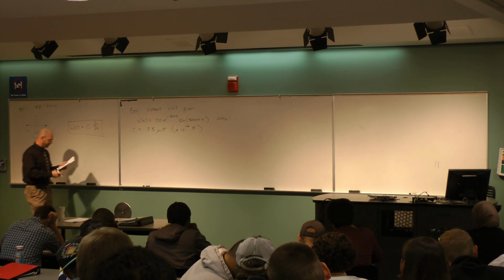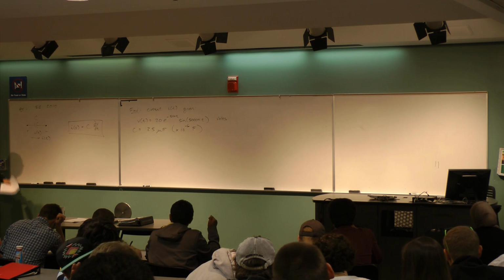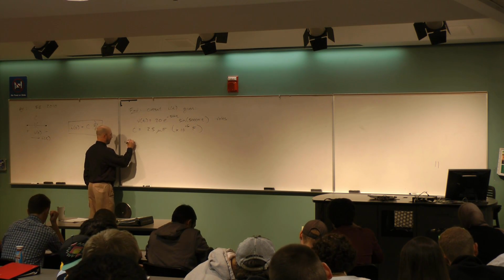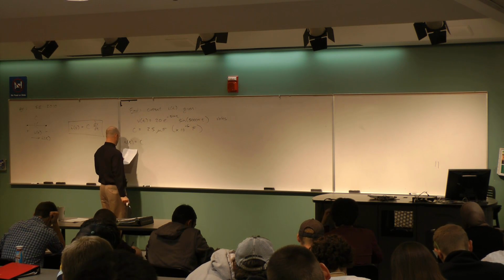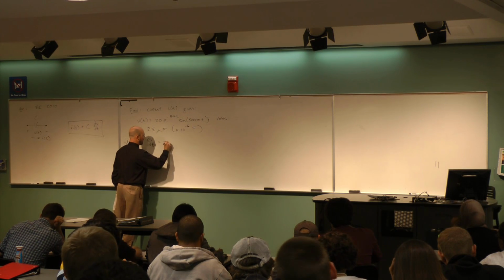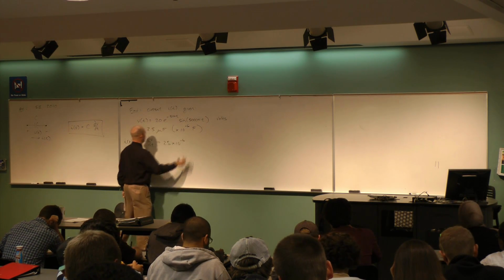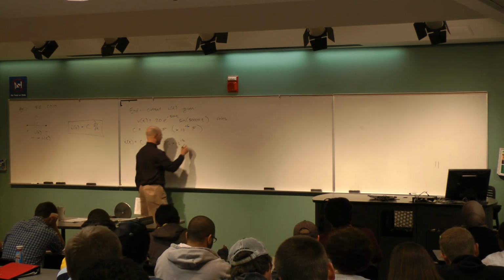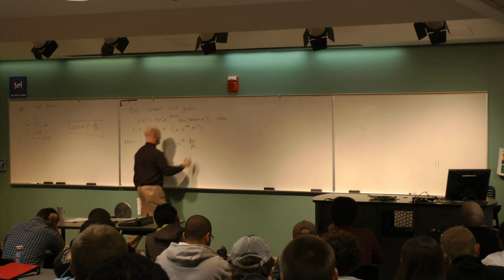All right, so I of t, according to this, is C dV dt. So we're going to take 25 times 10 to the minus 6, that's the capacitance, times the derivative of this function, dV dt.